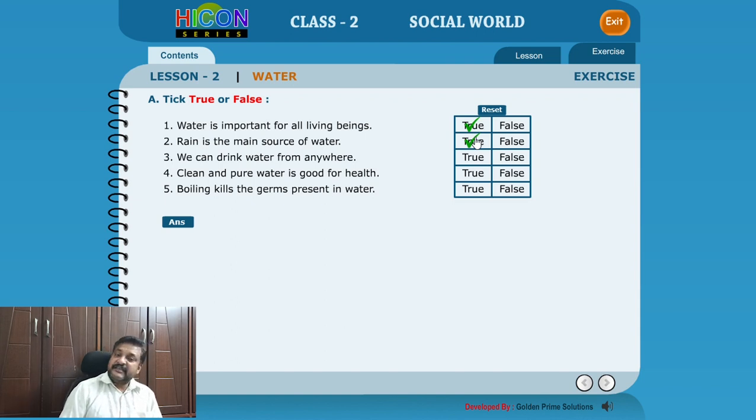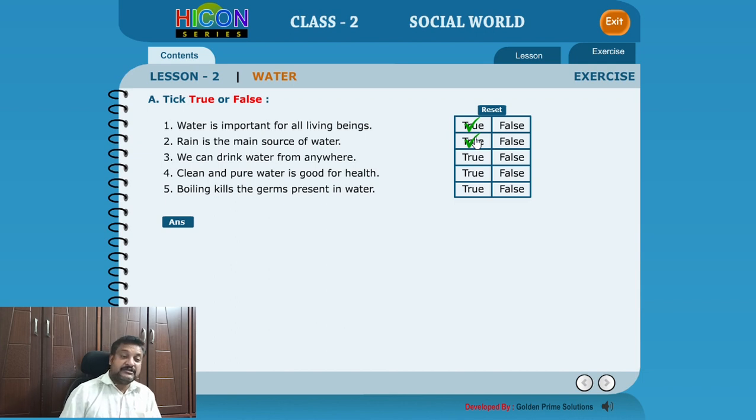In the lesson we have seen that water is important for us. We need to drink a lot of water, but we cannot drink water from anywhere. Rivers, ponds, lakes and so on, the water is not good. There are a lot of bacteria and disease-causing viruses living in that water and they can cause us danger.